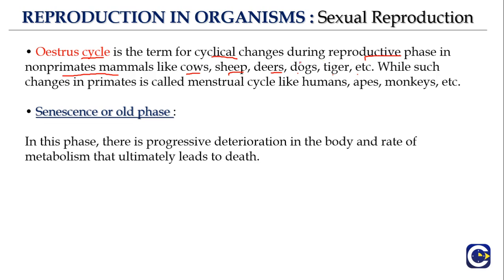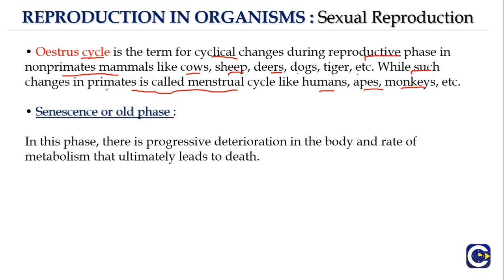Such changes in primates are called the menstrual cycle, for example in humans, apes, monkeys, etc. Humans, apes and monkeys are much more advanced and therefore come under the category of primates, and non-primates are cow, sheep, deer, dog, tiger, etc. So you have to remember that the oestrus cycle is in non-primates, which is similar to the menstrual cycle in primates.